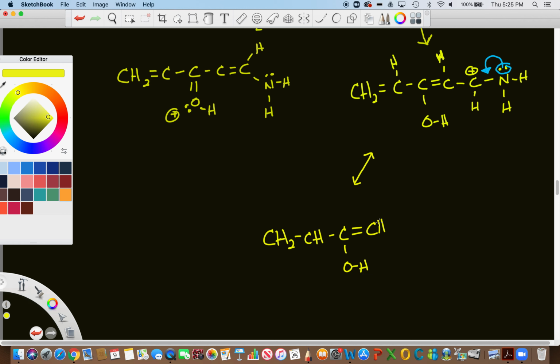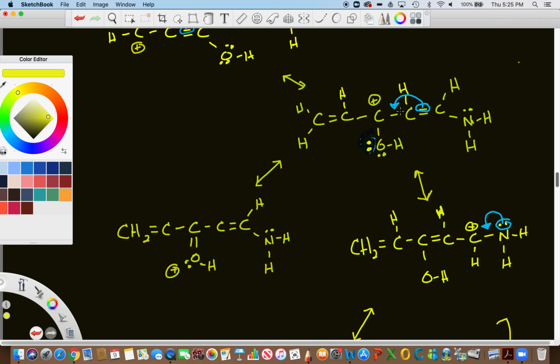OH is still here, bonded to a CH, double bonded to a nitrogen, and it has a positive charge. And all these are resonance structures. And the more resonance structures that you can draw, it increases the stability of the molecule, which is a good thing.